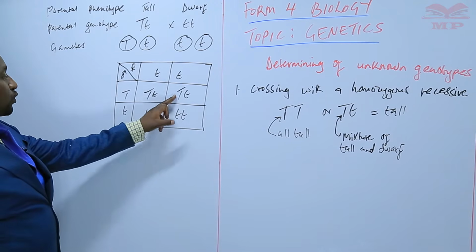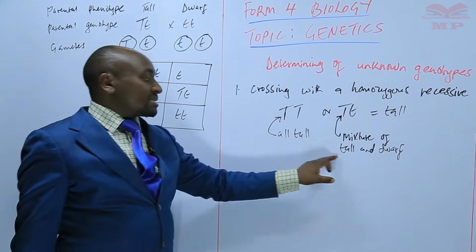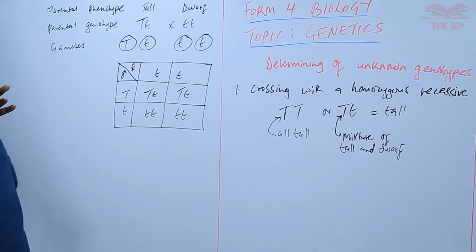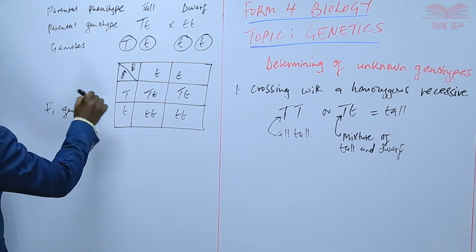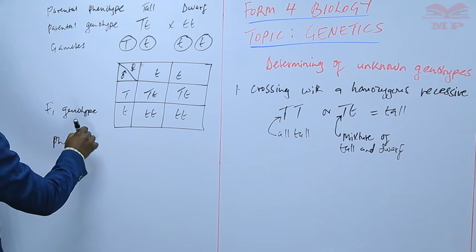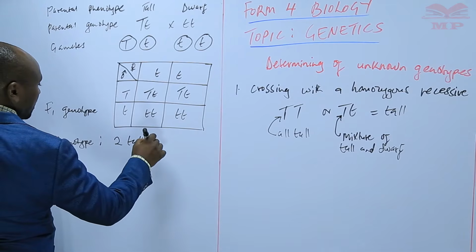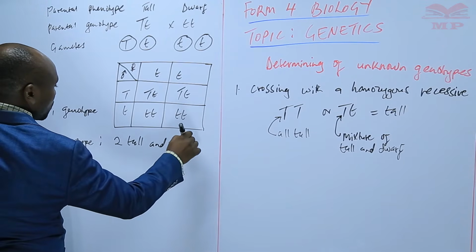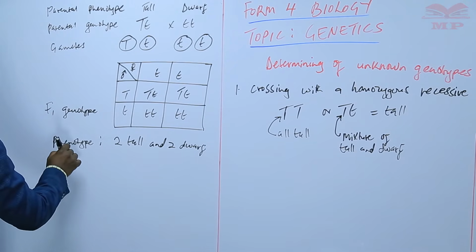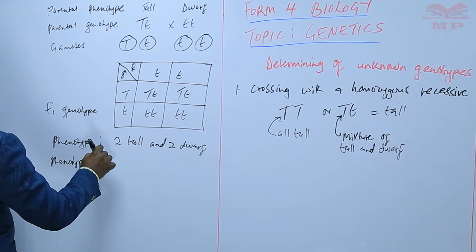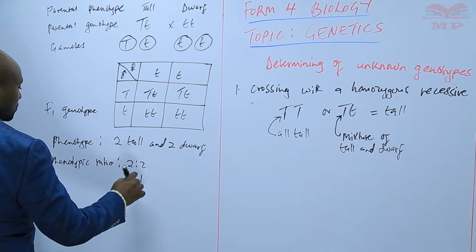These two are tall, these two are dwarf. So if it was a heterozygous state, we will get a mixture of tall and dwarf. So here, the F1 genotype as indicated. The phenotype is 2 tall and 2 dwarf. That is a mixture. The phenotypic ratio is 2:2, which we simplify as 1:1.